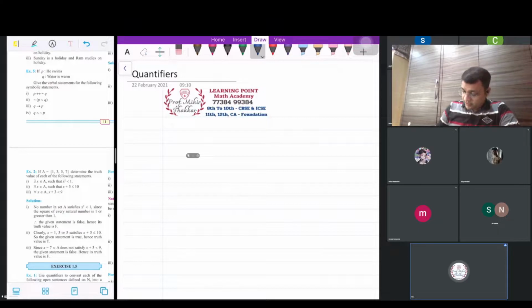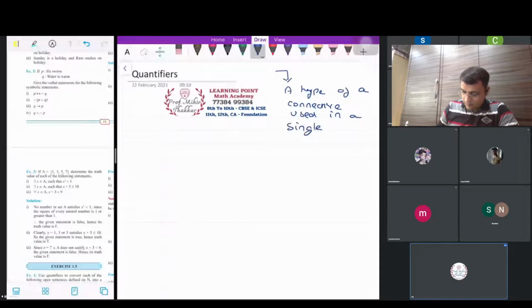So let's understand what a quantifier is. So please write it down, everybody. It is a type of connective basically which is used in a single statement.